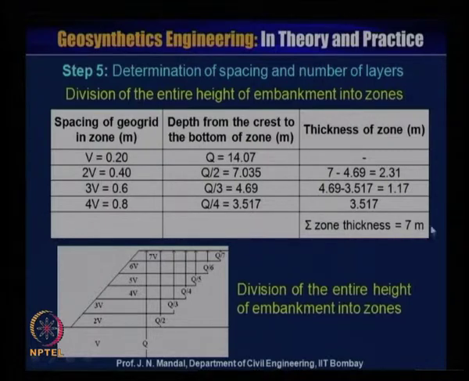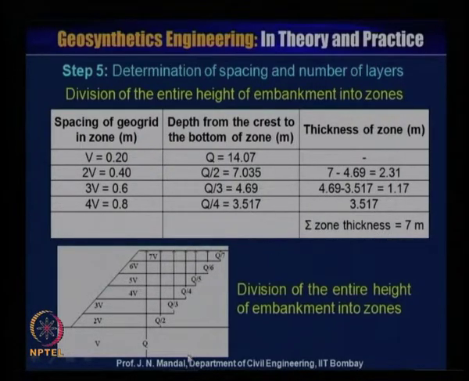So, you can see it satisfies, the zone thickness is 7 meter. That is why we are considering up to 4V, because we are not going beyond that, as the height of the slope is only 7 meter.